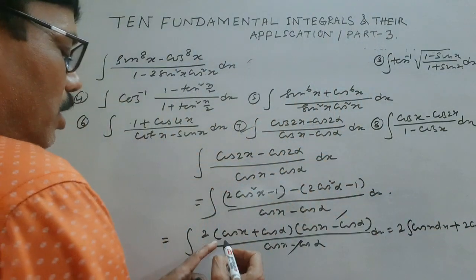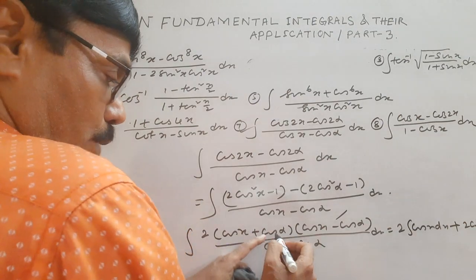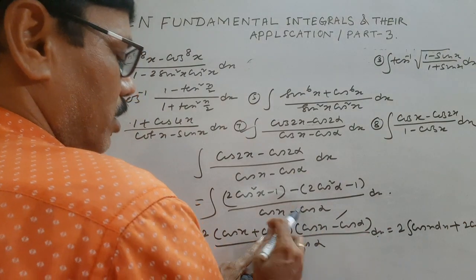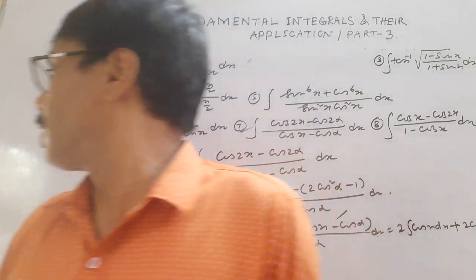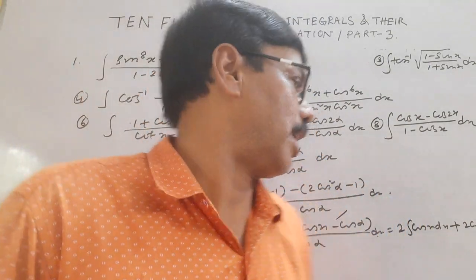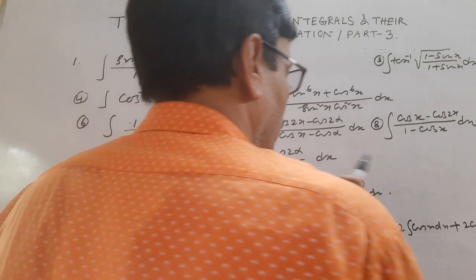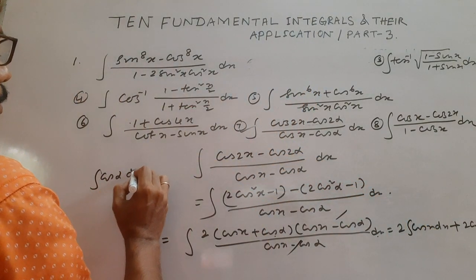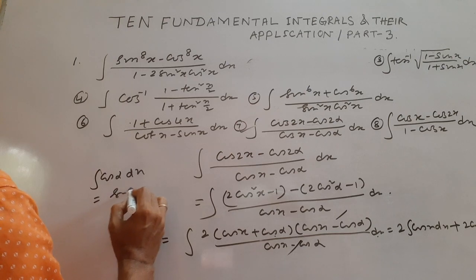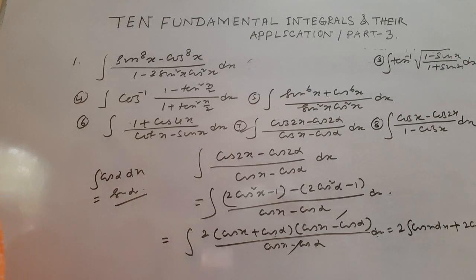This step is to be noted. Integration is performed with respect to x. That is why cos alpha is constant. You do not write that integration of cos alpha is sin alpha. Someone writes this, cos alpha dx equals sin alpha, but this is not the case.